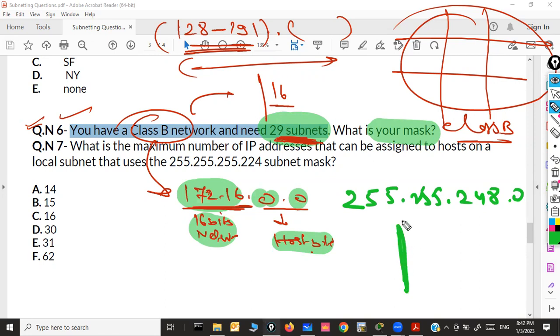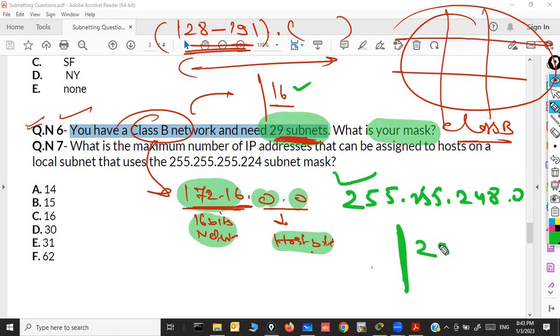If I have to write it in this format, what value should I write here?